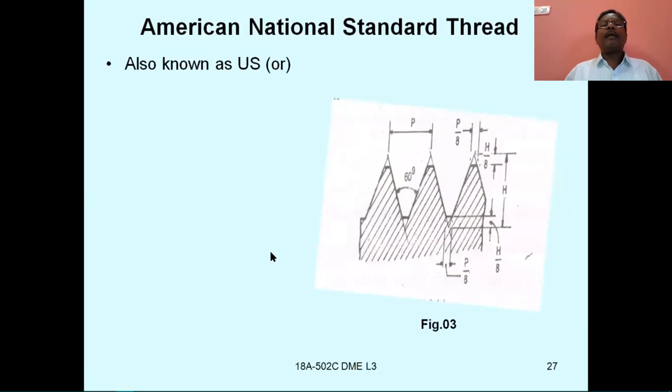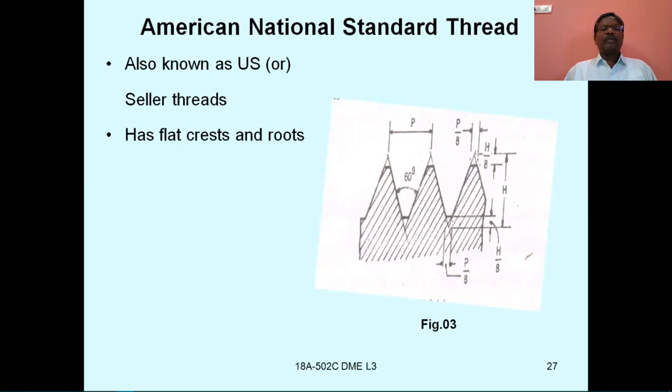And next is American National Standard thread, known as US or Sellers thread. It has flat surfaces: flat crest and flat roots.